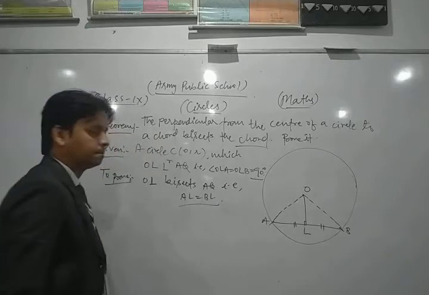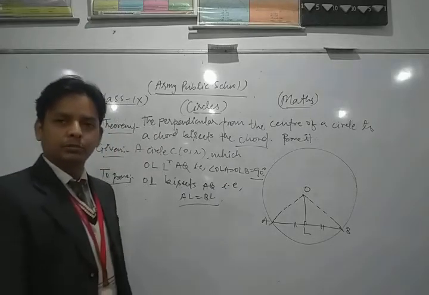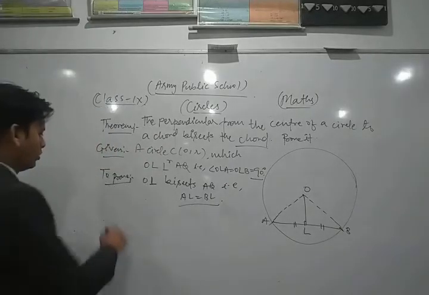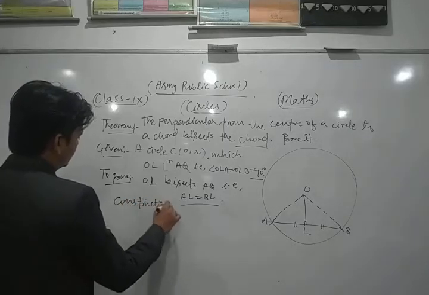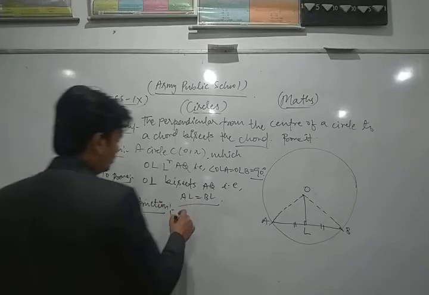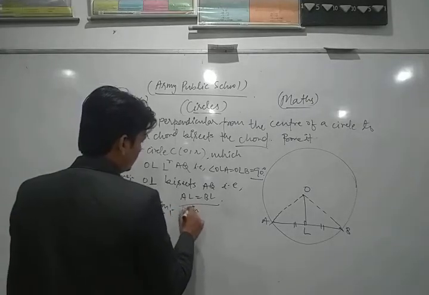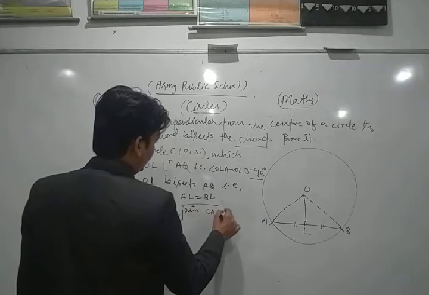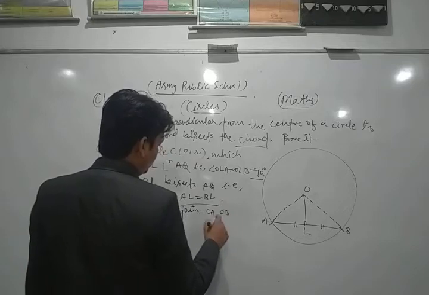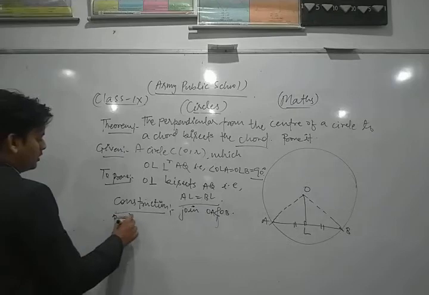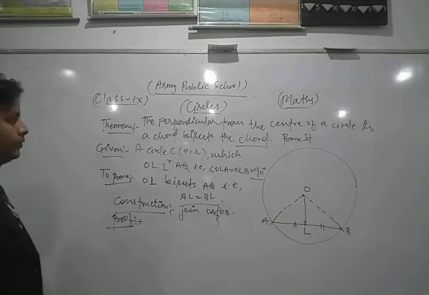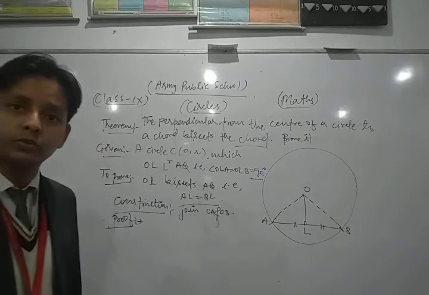We have to show it, and we have to do some construction also. Look, we write construction: join OA and OB. Now we will write its proof. This is the proper sequence for proving any theorem.